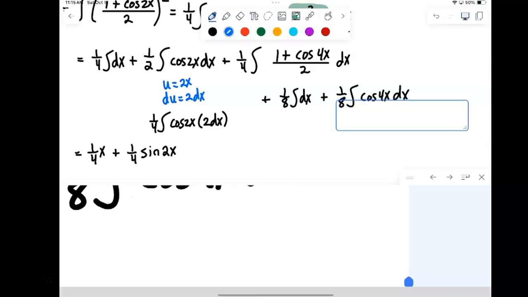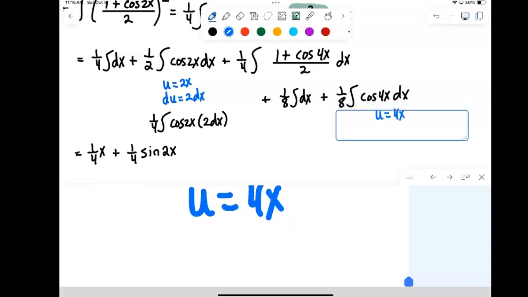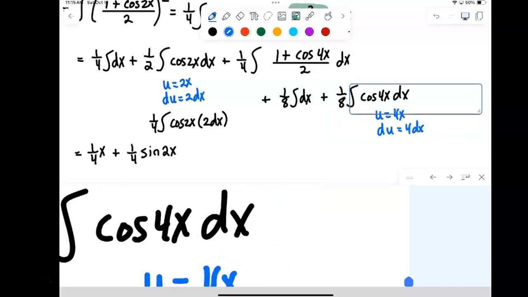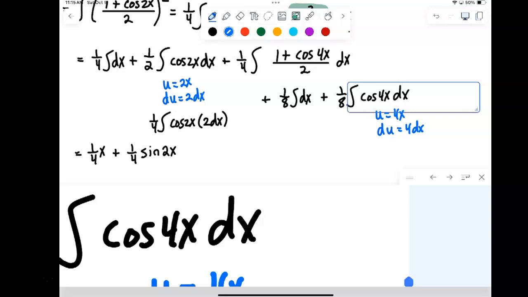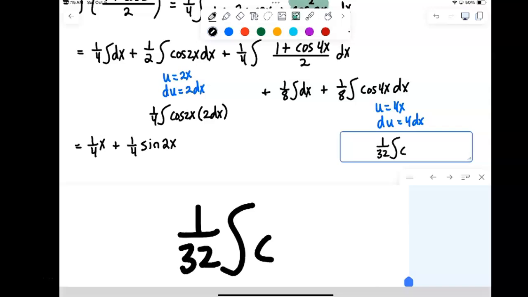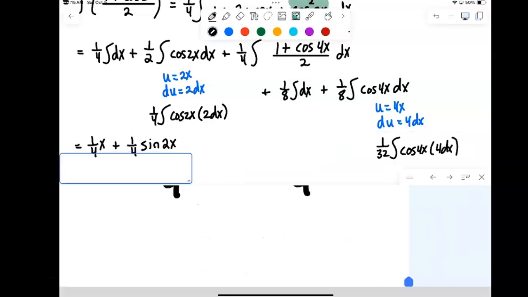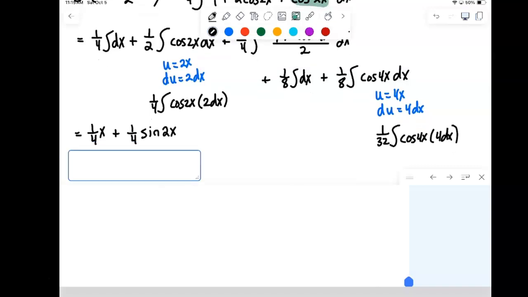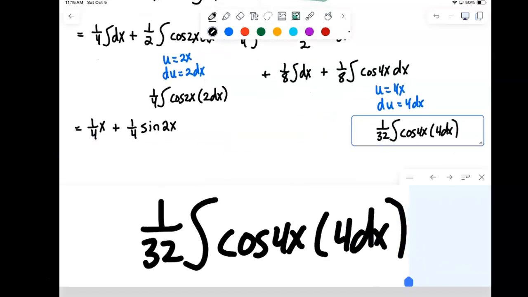So I let u be the 4x, du will call for a 4 dx, so I need a 4 to go with the dx. I don't have it, so I put it there, but then I divide on the outside. So that one, when we carry everything through, will actually be 1/32 integral cosine 4x times 4 dx. So it's ready to carry its substitution through as well.